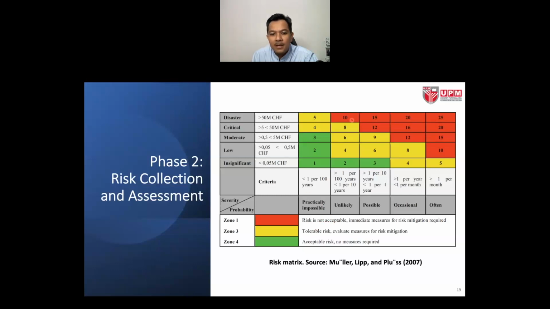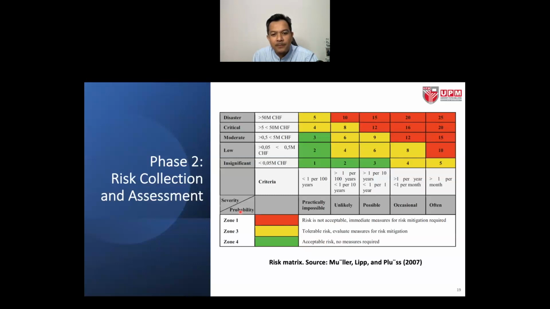Normally it is more than 10, which is 10 to 25. It is risk not acceptable. The yellow one from 4 till 9 is tolerable risk, evaluate measures for risk mitigation, and levels 1, 2, and 3 are acceptable, which is no measures required.